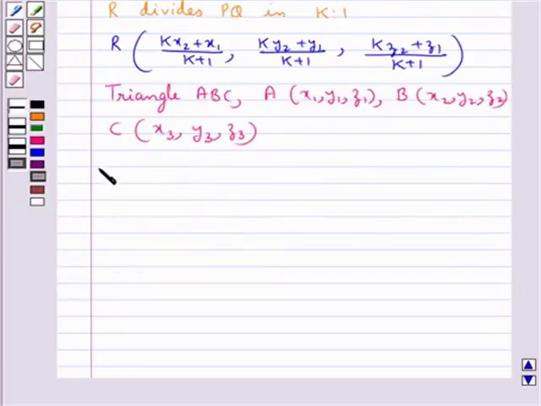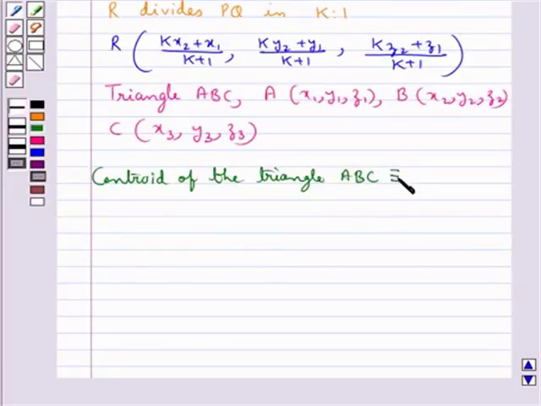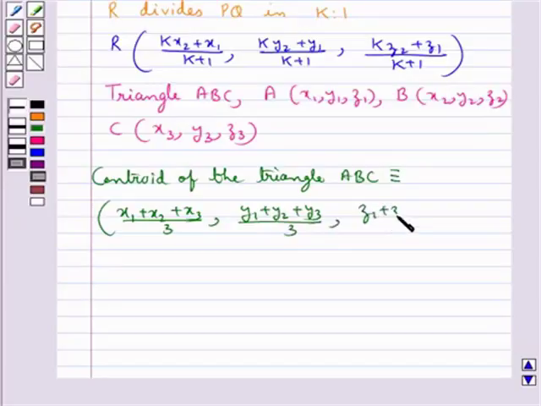Then the coordinates of the centroid of the triangle ABC is given by x1 plus x2 plus x3 upon 3, y1 plus y2 plus y3 upon 3, z1 plus z2 plus z3 upon 3.